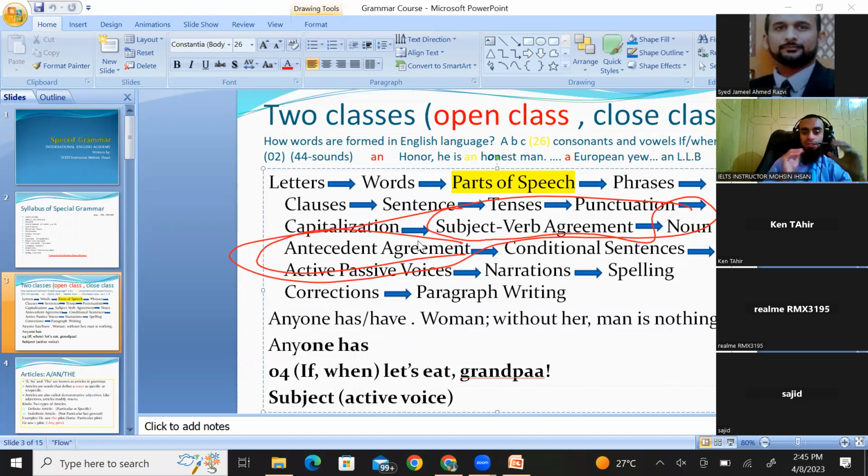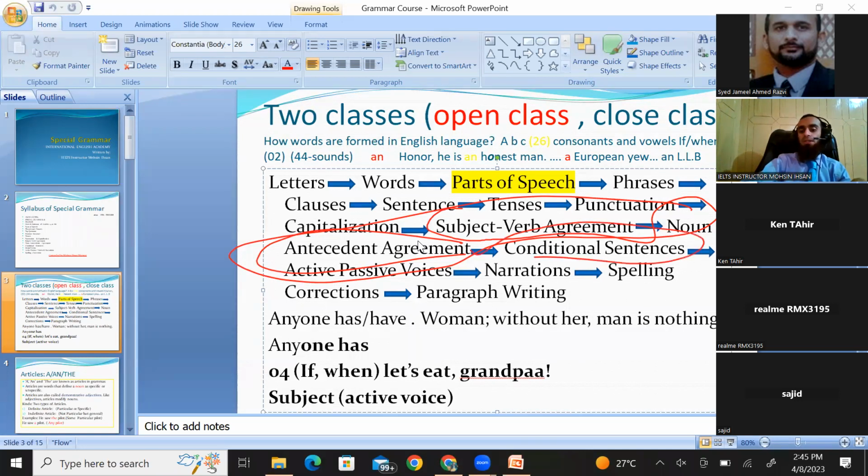This is called noun antecedent agreement. Let me make it clear to you guys. If you use someone in a sentence, now referring back to someone, what pronoun should you use? That is he or she, right? If you use they for someone, that would be incorrect according to noun antecedent agreement.